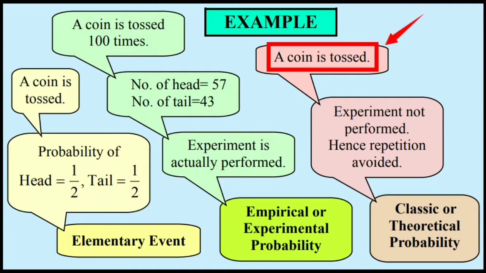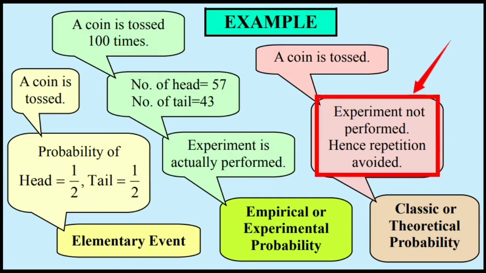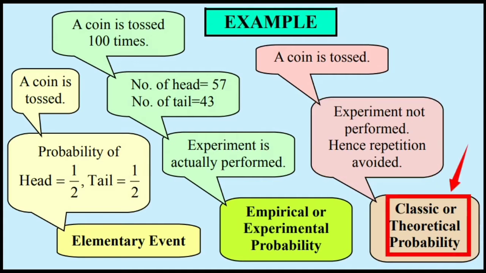Let's take a third example in which it's mentioned that a coin is tossed, and by formula it is obtained that the chance of getting head is 50% or 1 by 2, and the chance of getting tail is 50%, again 1 by 2. Here it is confirmed that the experiment actually is not performed.